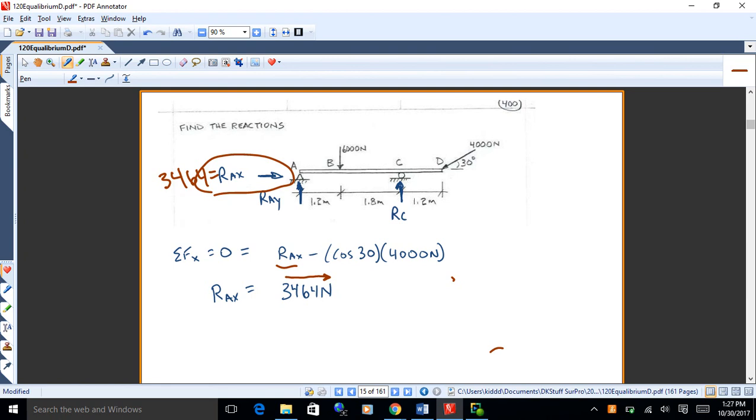So taking moments about a pin joint can be a pretty good idea because it eliminates two of the unknowns.